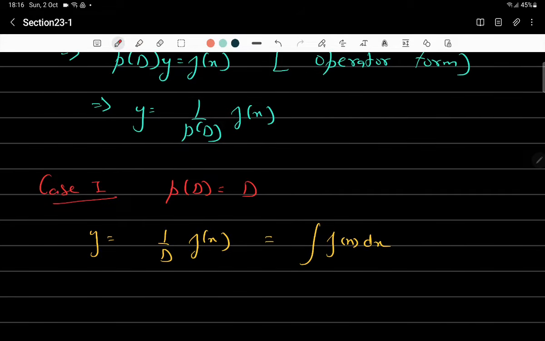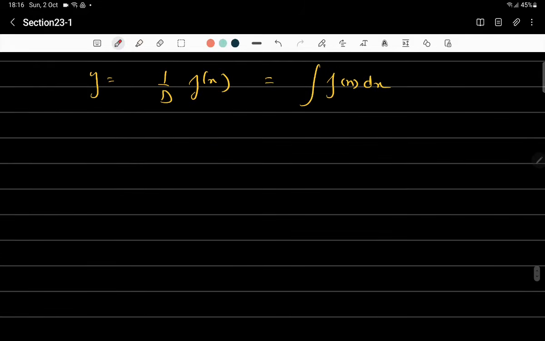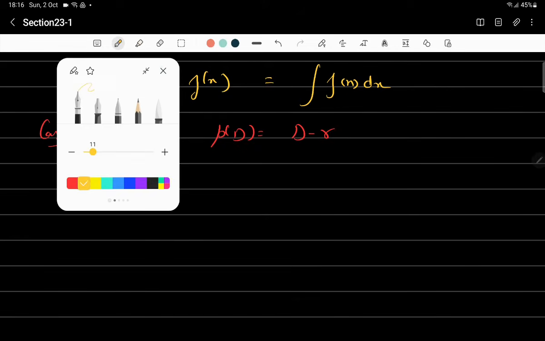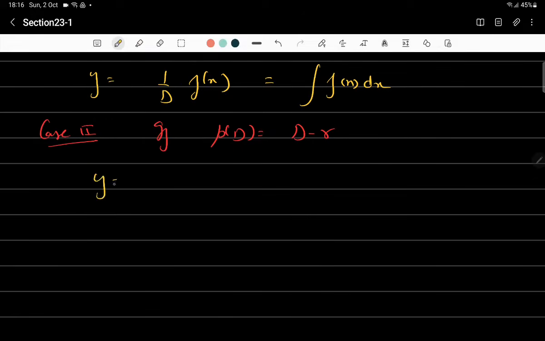The other case which we will discuss, case 2, is when P of D is equal to D minus r. In that case my y would be 1 by D minus r of f of x.